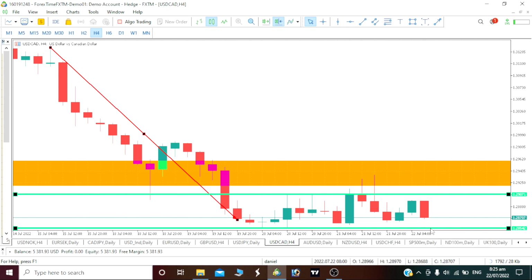Once our price hits our lows, we should be aiming to go high, and once our price hits our highs, we should be aiming to go low. If you are to trade the 4-hour to 1-hour time frame, we should be ranging within this key level. For the longer daily time frame, we should look for shorts on our USD.